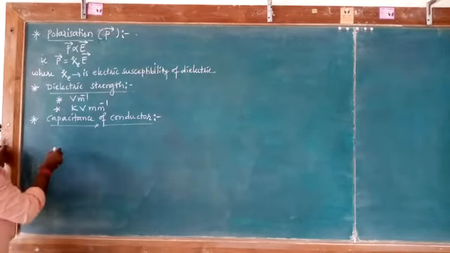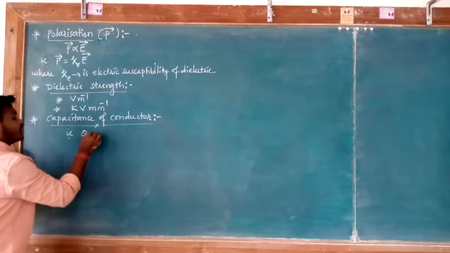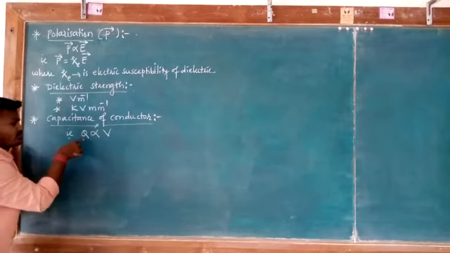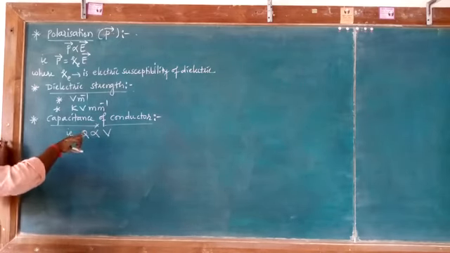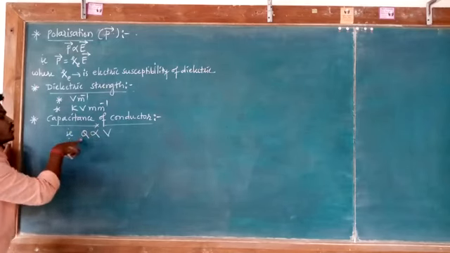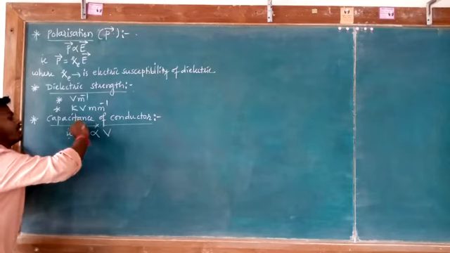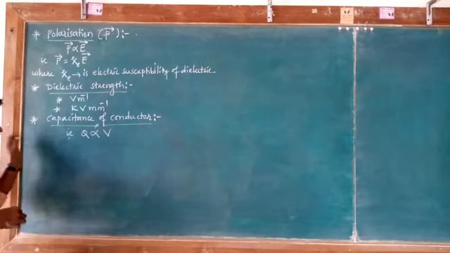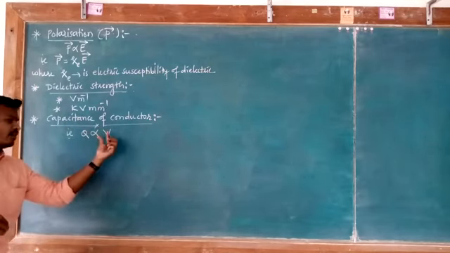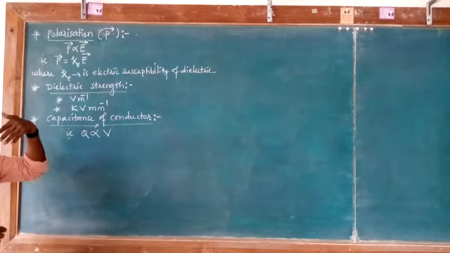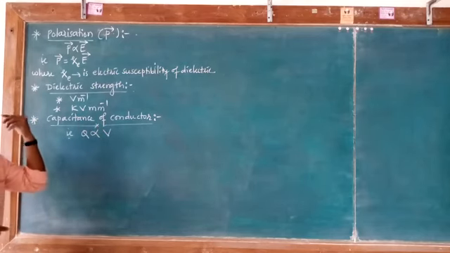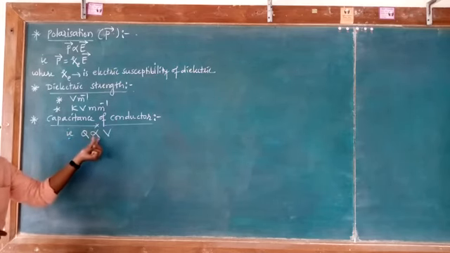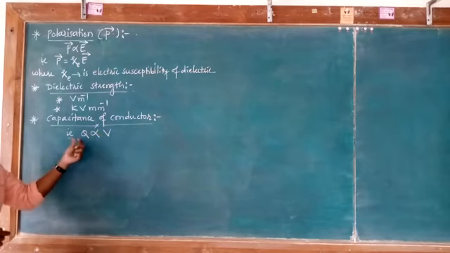It is experimentally found that the amount of charge Q given to a conductor is directly proportional to the increase in its potential, denoted by V. It means if we provide more charge to a conductor, we have more potential across the conductor. Therefore, Q is proportional to V.